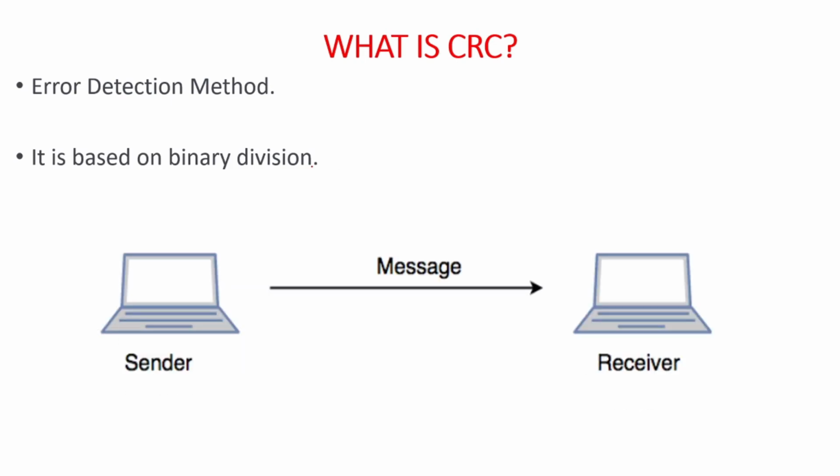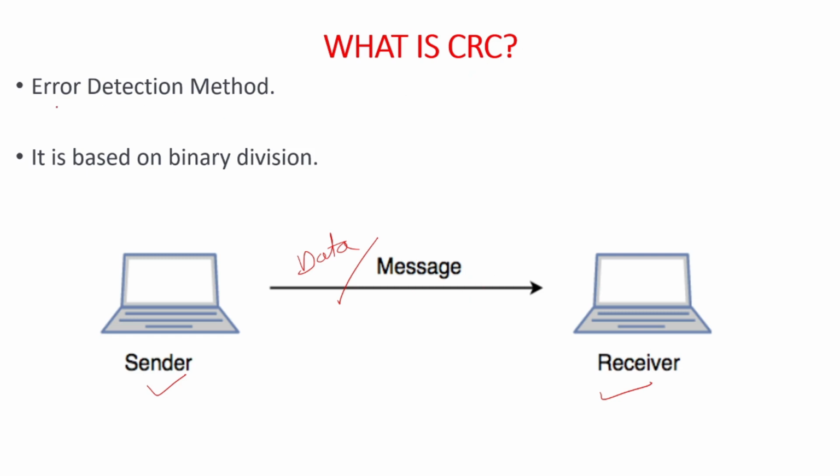Now, when you send data from one computer to another computer, whoever sends the data is called the sender. Whoever receives the data is called the receiver. What do they send to each other? Data or message. So when you send this data from sender to receiver, if there is any error in the data, you can find out using CRC.